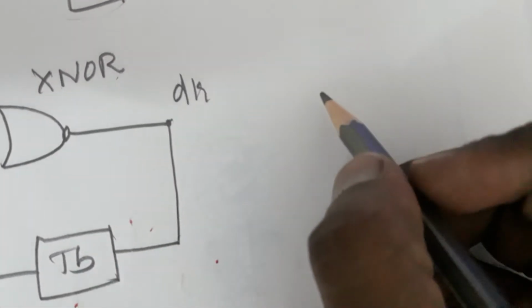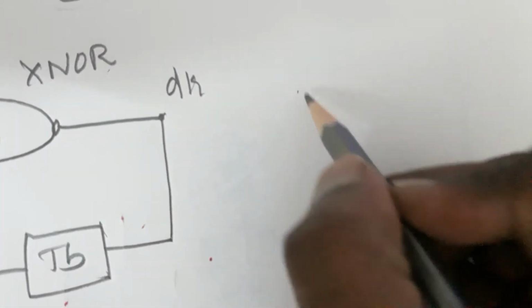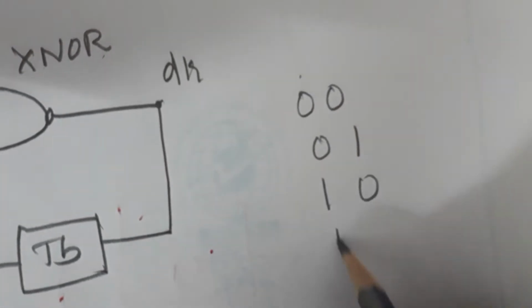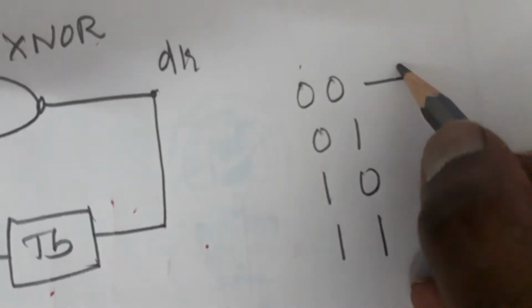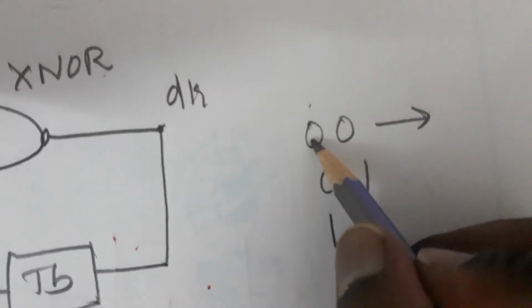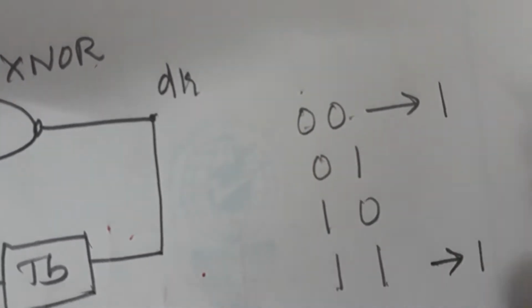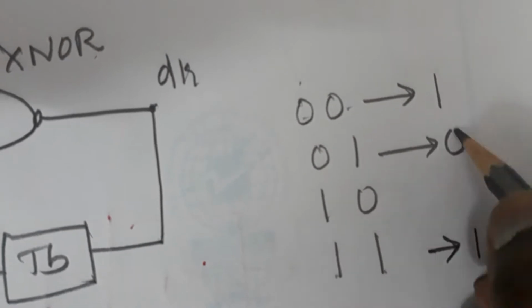So let me write the truth table. Every detail I am not going to write. So 0 0, 0 1, 1 0, 1 1. Everybody knows the XNOR gate. If it is similar, you represent by 1. If it is different, you represent by 0.